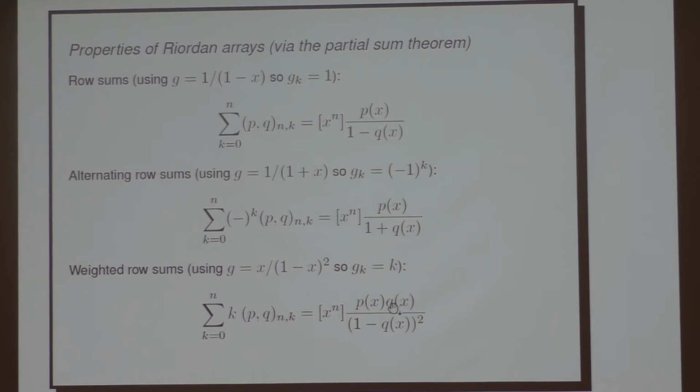It's p times g of q. And for g of q, we just replace the x by q, and we end up with this expression here. So it's easy to calculate all these things to do with Riordan arrays. We just get a generating function from the p's and q's and extract the coefficient of x to the n.